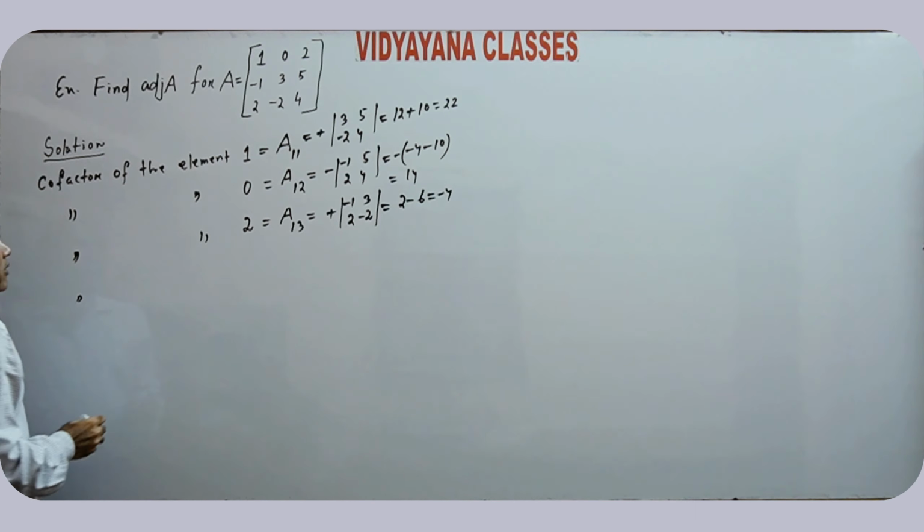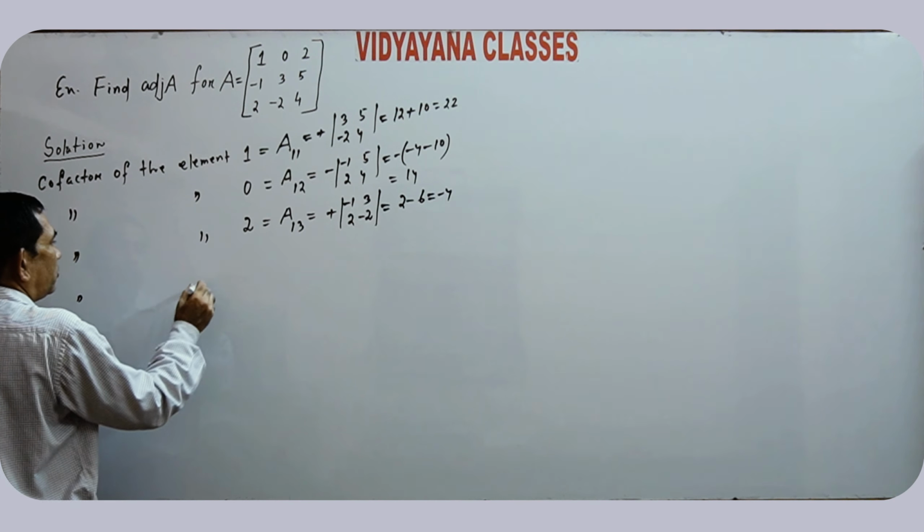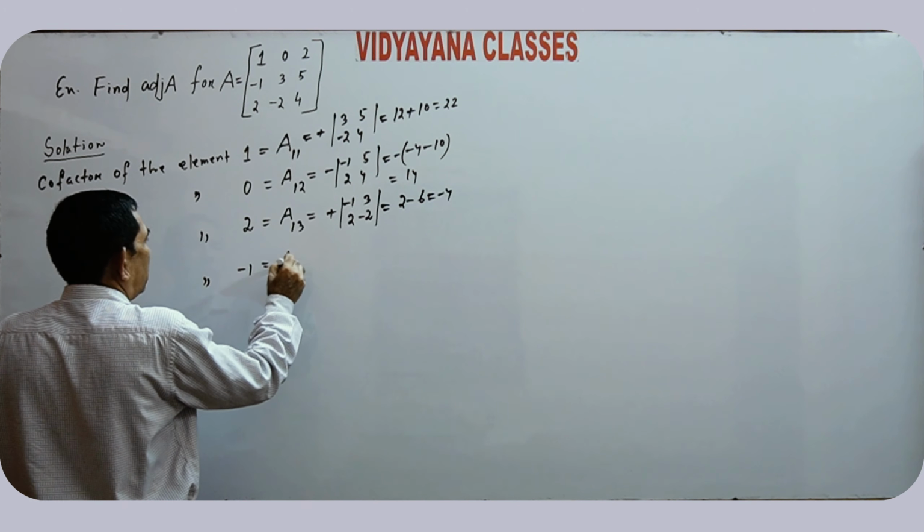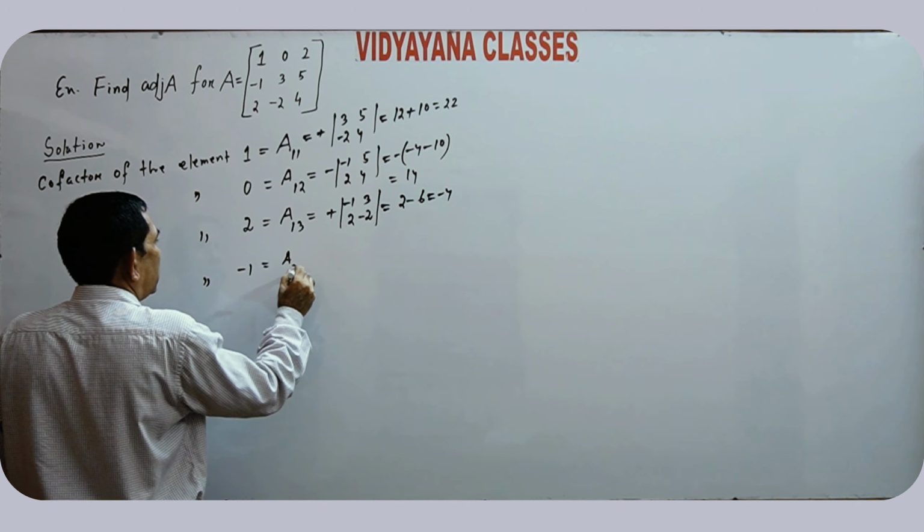Cofactor of the element minus 1, the element of second row, first column.